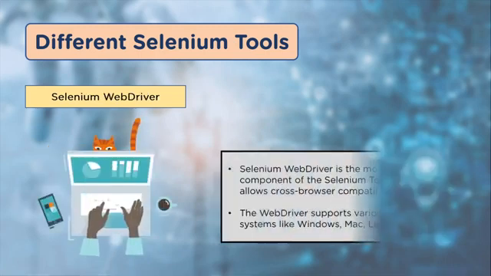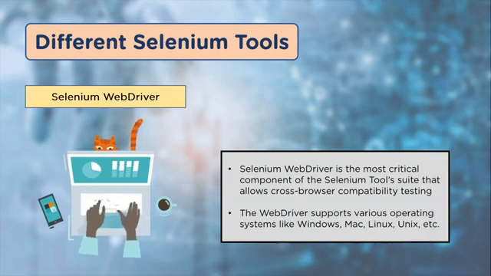The last and the fourth tool in the Selenium suite is the Selenium WebDriver. Selenium WebDriver is the most critical component of the Selenium tools suite that allows cross-browser compatibility testing. The WebDriver supports various operating systems like Windows, Mac, Linux, Unix, etc. It provides compatibility with a range of languages including Python, Java, and Perl.